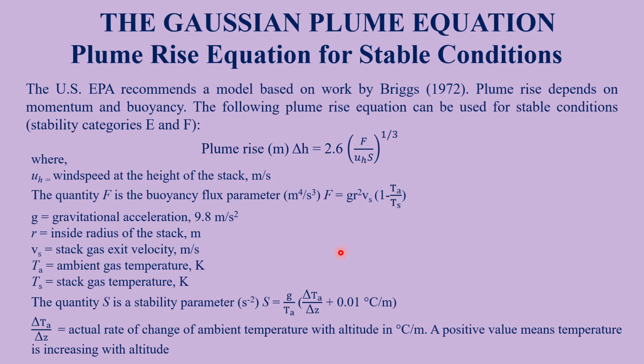So the positive value means temperature is increasing with altitude. So when you get this F and UH, we can identify the del H, and we'll use this formula only when the atmosphere is in stable condition. So this category for E and F.